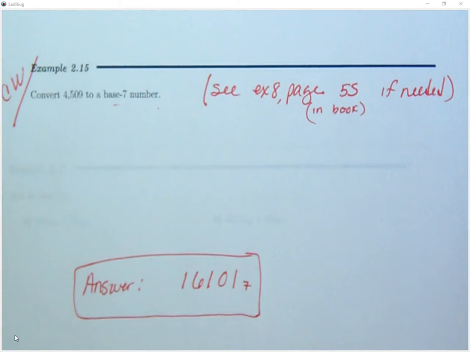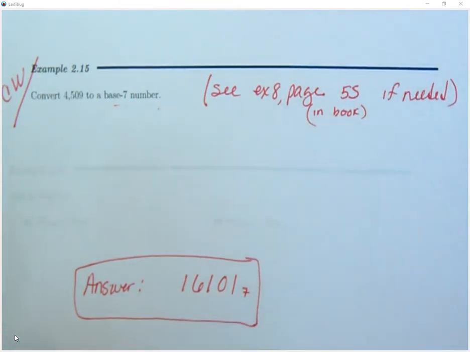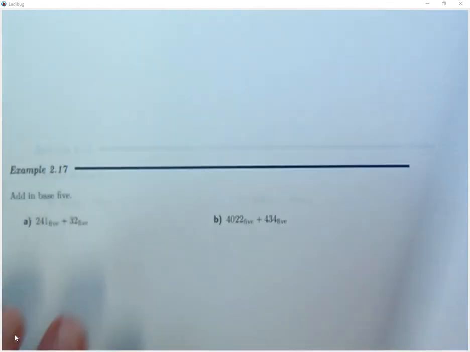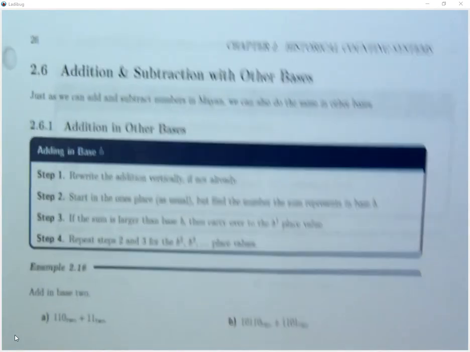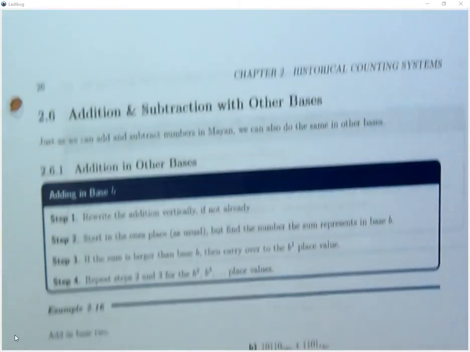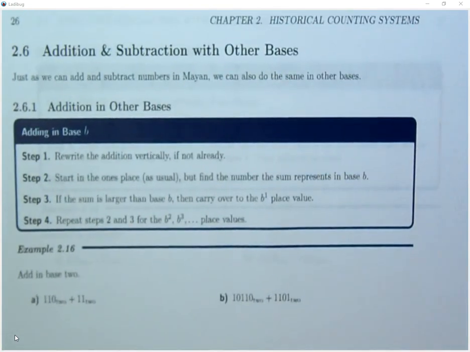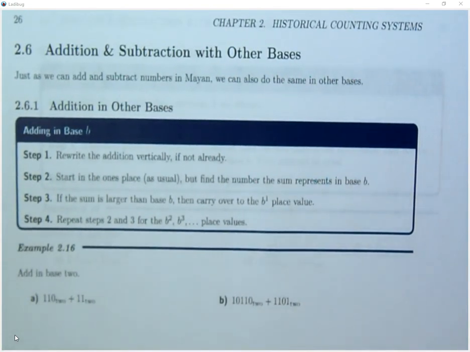Okay, we're actually not going to do the arithmetic too much more with this. So we'll skip these addition and subtraction with other bases. I think you get the idea. I wanted you to just get a feel for working with those, especially if you're thinking about computer programming or using other types of things.